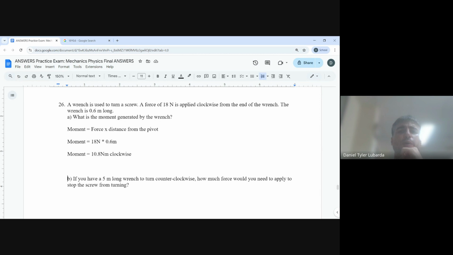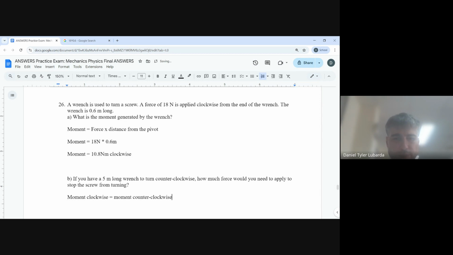Well, we'd want the moment going clockwise to equal the moment going counterclockwise, because that way they both cancel out and we have a net moment of 0. So we want our moment clockwise to be equal to our moment counterclockwise.